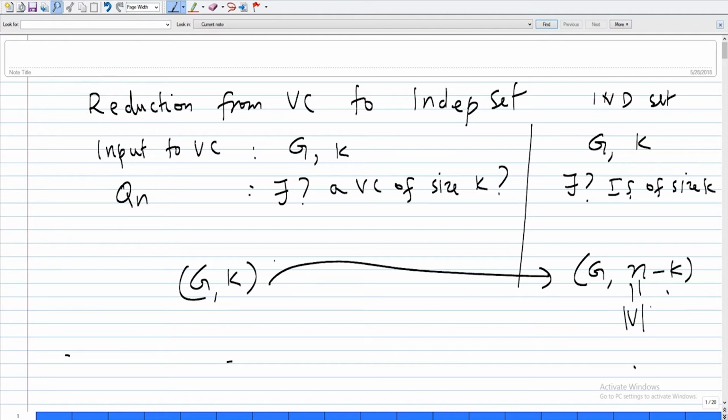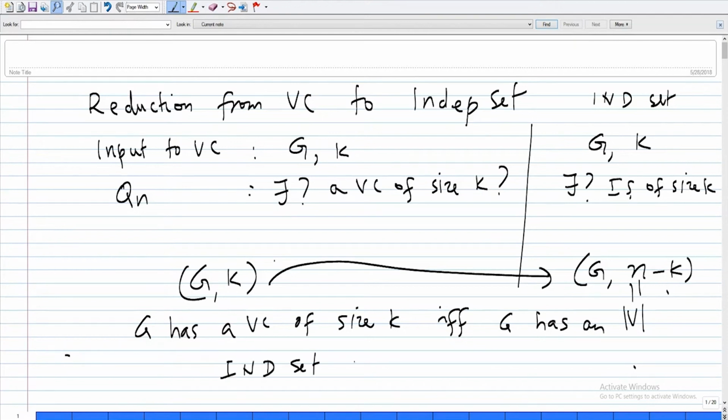And the reason the whole reduction goes through is because G has a vertex cover of size k if and only if G has an independent set of size n minus k, and the reason for this is because the complement of a vertex cover is an independent set. Is this clear now? It just fits into that definition of taking some input, converting into another input, such that yes goes to yes, no goes to no. Okay, good. So, let us get on to some other reductions now.